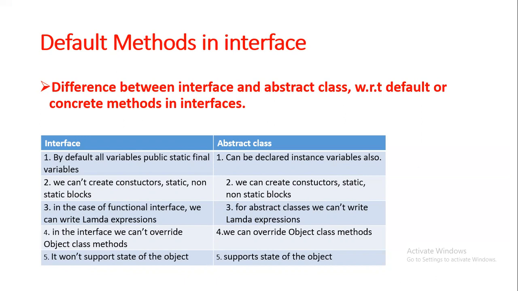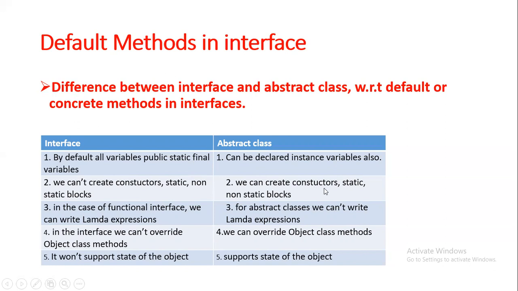No, boss, not like that. There are many differences. In abstract class, we can write non-static variables. But in the case of interface, we can create only public static final variables. We cannot create constructors or static and non-static blocks in the interface, but in abstract class we can.